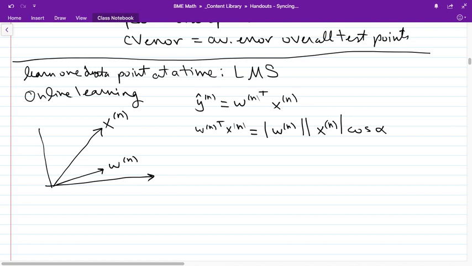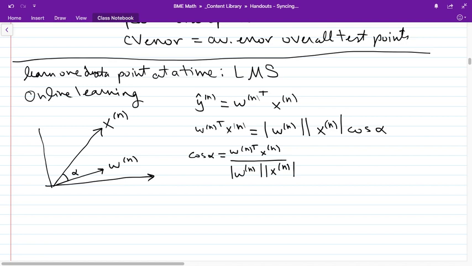So there's some angle between these two vectors, alpha, and this scalar quantity, W transpose X, is the magnitude of W times magnitude of X times cosine of alpha. So this tells us that this quantity cosine of alpha is Wn transpose X of n divided by the magnitude of W times the magnitude of X.